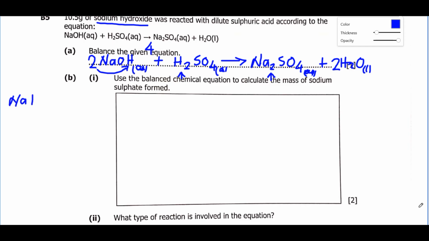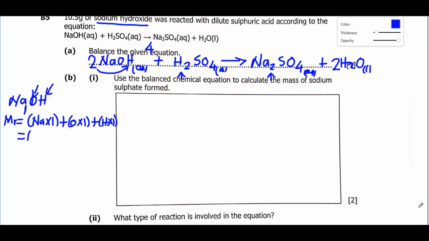So I'm going to start with finding the mixture for sodium hydroxide. From the sodium hydroxide, we have 1 atom of sodium, so sodium times 1, plus 1 atom of oxygen times 1, plus 1 atom of hydrogen.